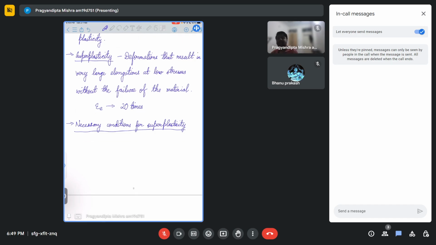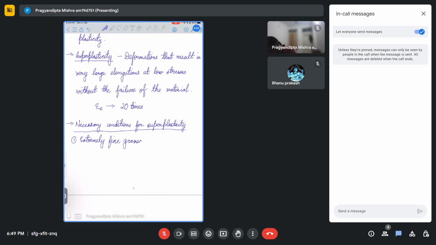Okay. First thing is, you need to have extremely fine grained and equiaxed grains. Okay. So what does that mean? Fine grained and equiaxed structure.